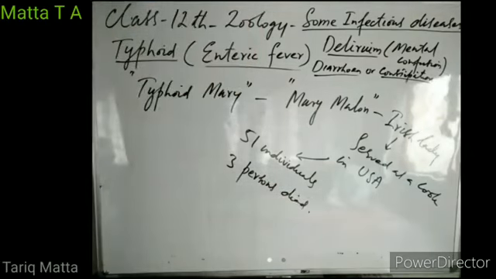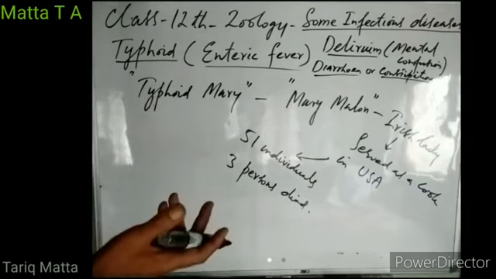So how was it disclosed that Mary Malone was an asymptomatic carrier for typhoid? She was working as a cook in different families of the USA. When she served as a cook in the first family, they suffered from typhoid. Then she left the job there and served in another family.